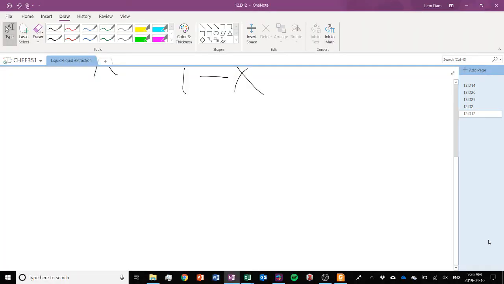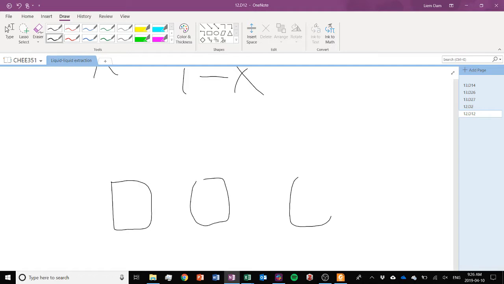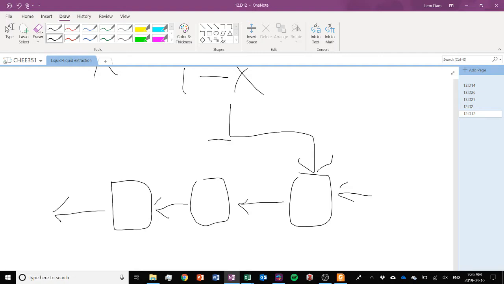Let's draw out a cross-flow system just to show what it looks like. In the cross-flow system, we have liquid flowing through as usual, and we have a series of stages, but the gas is actually split from the same stream and sent to each stage separately.